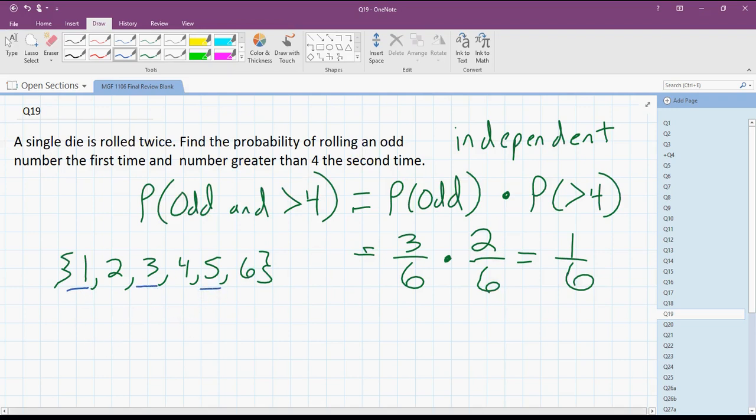So that's where the 3 out of 6 came from. There are 3 odds out of 6 possible outcomes. The next one says, how many numbers are greater than 4? 5 and 6. So that's 2 out of 6. Okay? So that's where those come from.